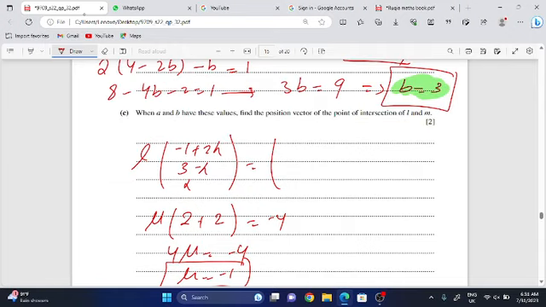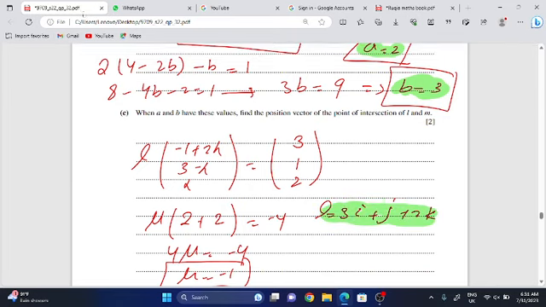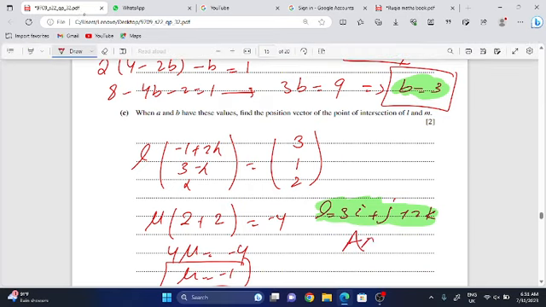So position vector L would give you 3, because 2 times 2 is 4, 4 minus 1 would be 3. 3 minus lambda is giving you 1, and lambda is equal to 2. So your final answer would be 3i plus j plus 2k. That is the required answer.